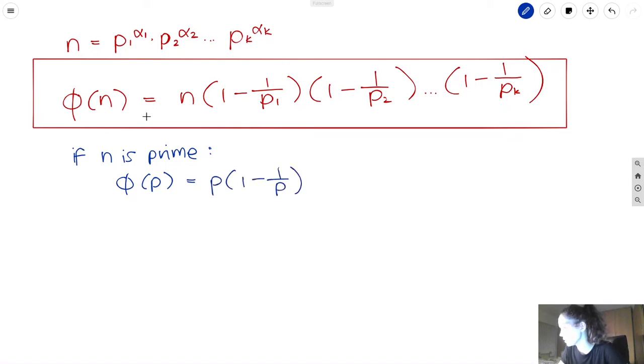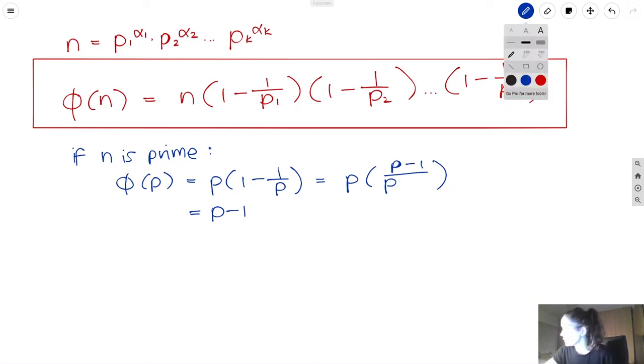It's only going to have one prime divisor, itself. Then this will equal p minus 1. So in general, any phi of a prime number is going to be the prime number itself minus 1.